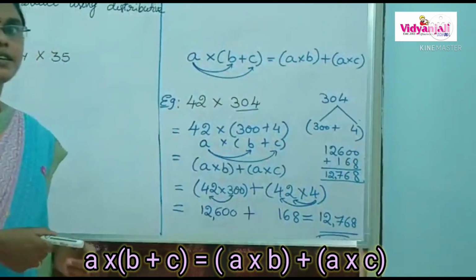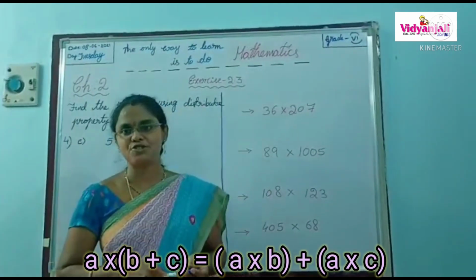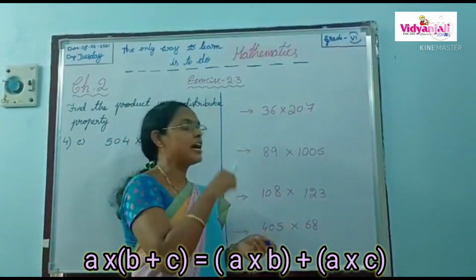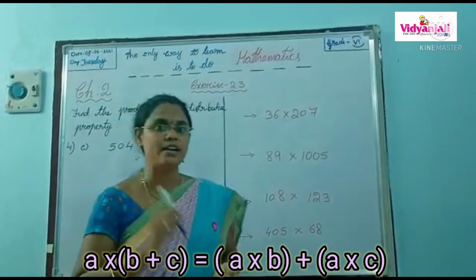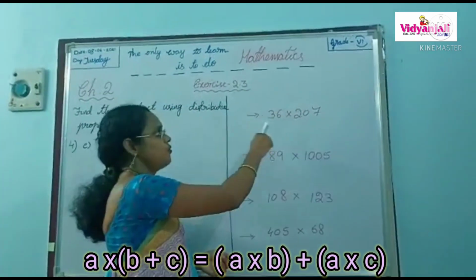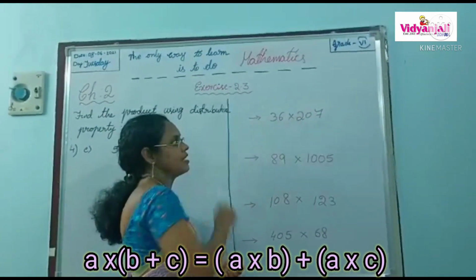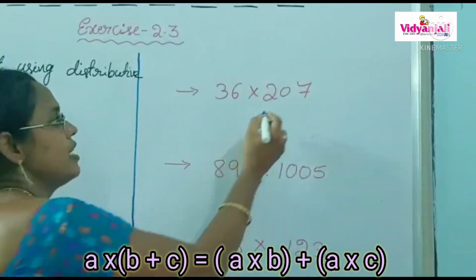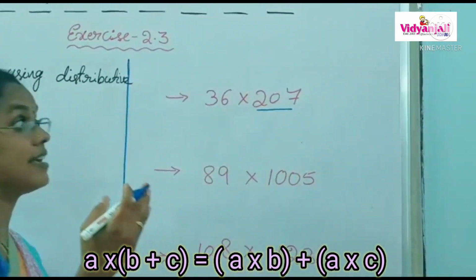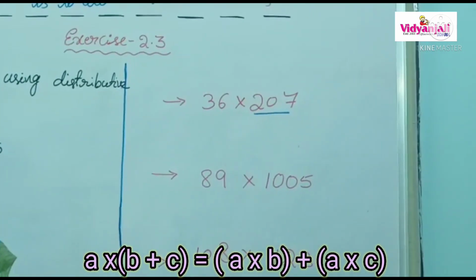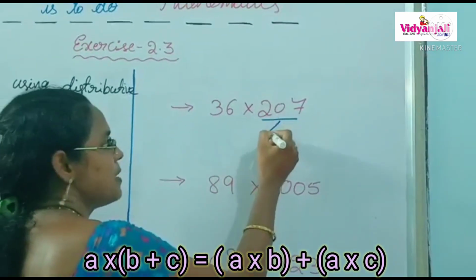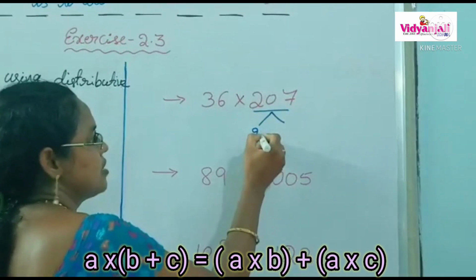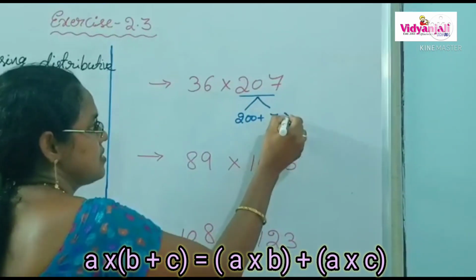Okay, children. These are a few more examples. Let us try how to split these numbers to apply distributivity. First example, 36 into 207. If you see, 207 is very near to the rounding number 200, right? So, we can split 207 as 200 plus 7.